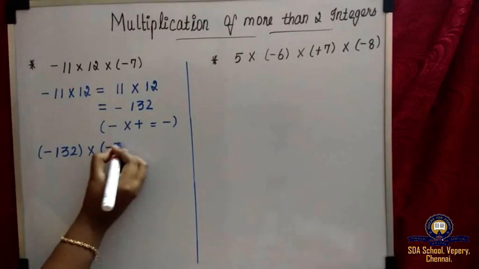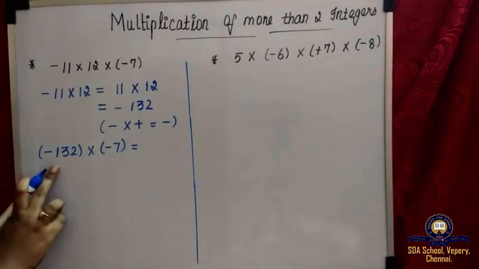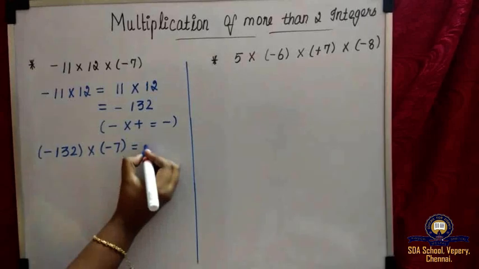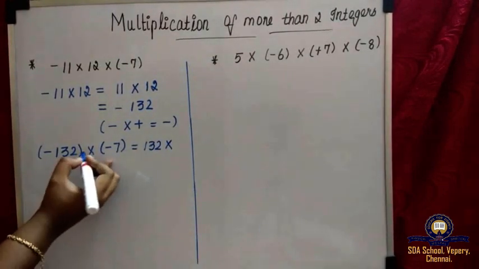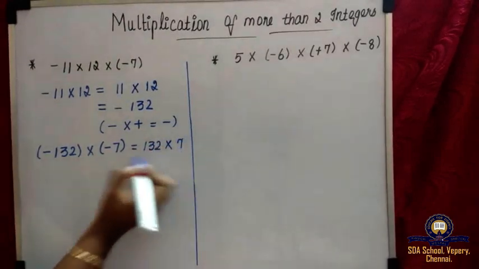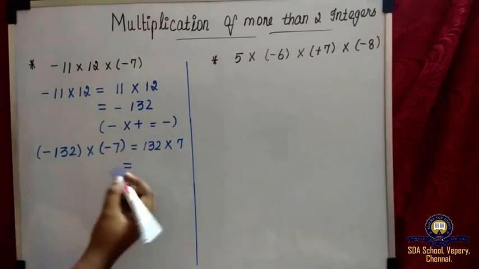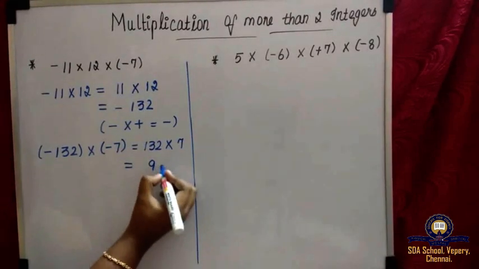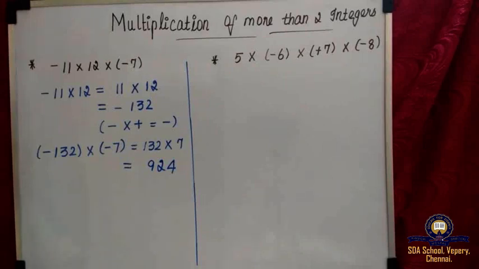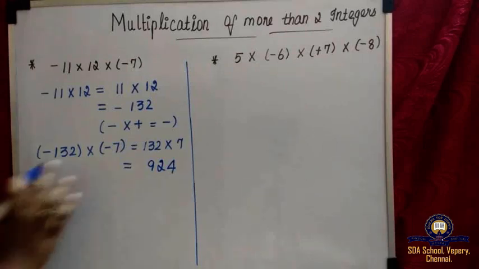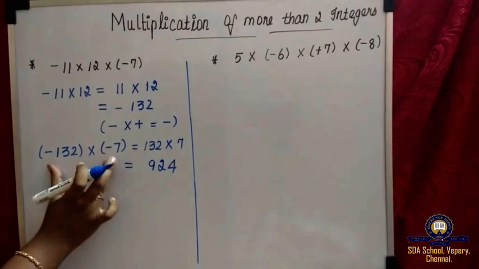What is the absolute value of minus 132? It is 132, into the absolute value of minus 7, which is 7. 132 into 7, you will get 924. Next, we have to assign the sign. When you look here, both the integers have the same sign, negative.